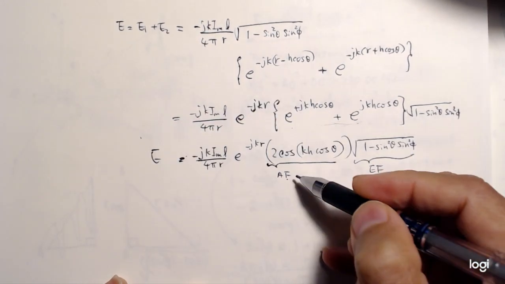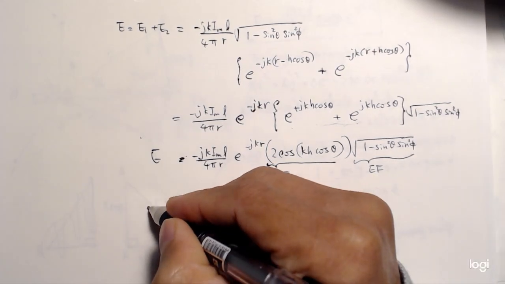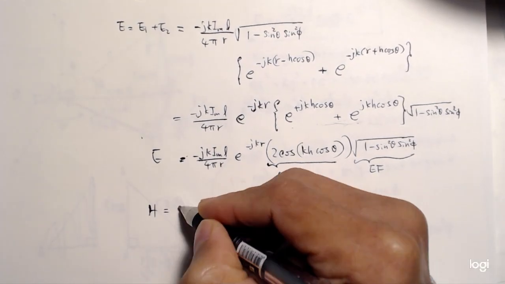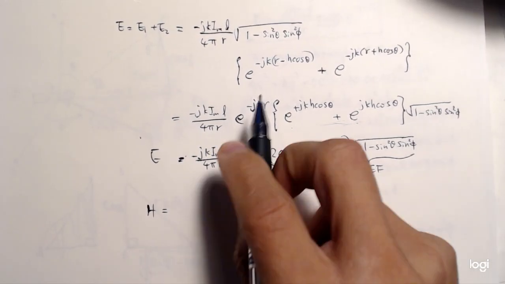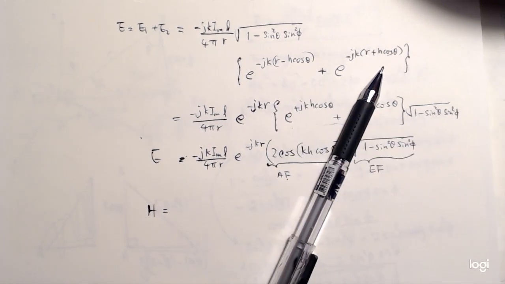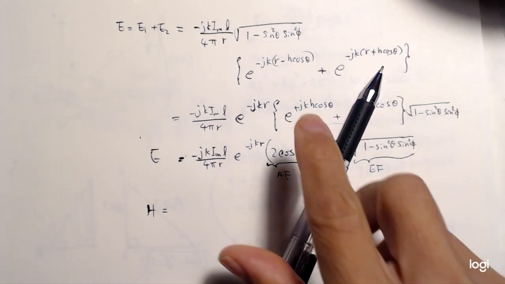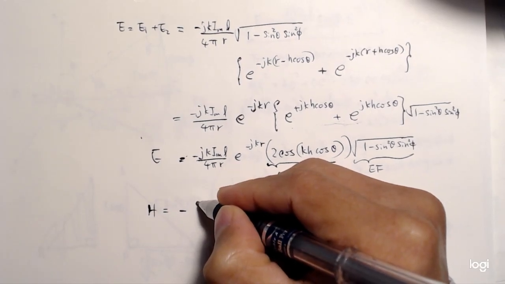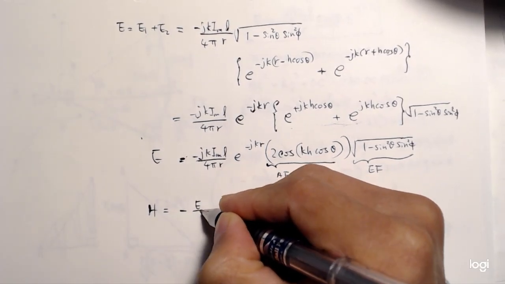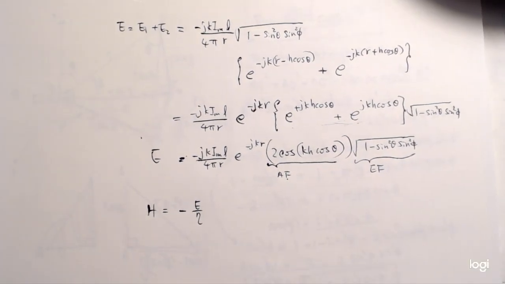If you want to find the magnetic field, we can just use H. Let me see. Minus H and then E. So this is what you are going to get.